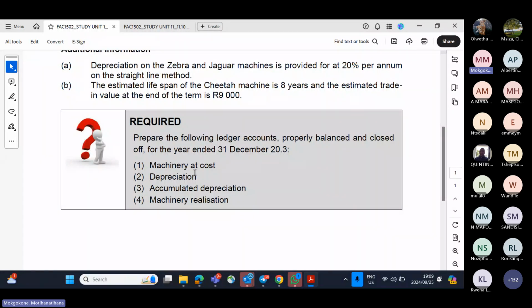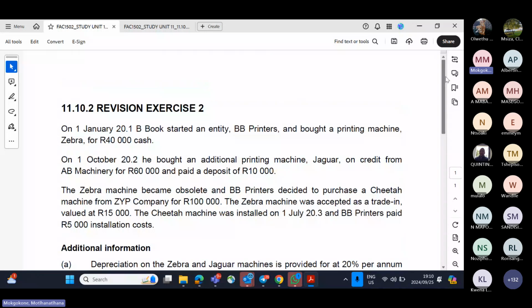The last one is machinery realization, where we disposed of the machinery. There are 4 required things. Let me go to the beginning. They are saying on 1st January 20.1. Because our year end was 31st December 20.3, the financial year starts on 1 January 20.3.